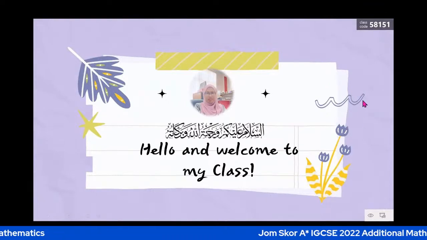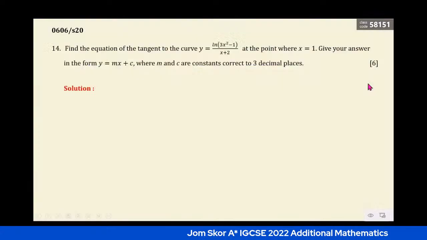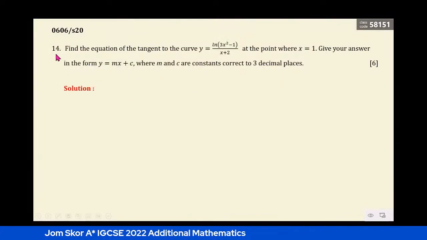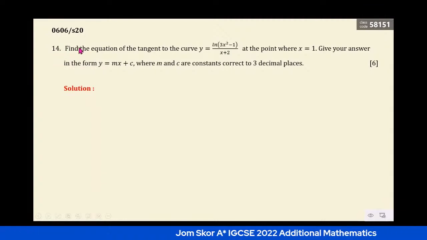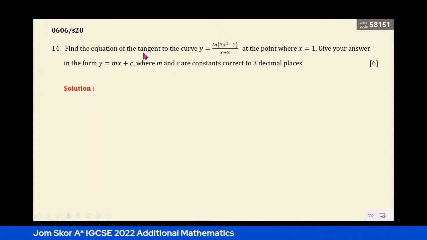I will start with number 14. In your module, this number 14 is actually number 12, but we shift it to this part because it fits the topics we are going to discuss tonight.